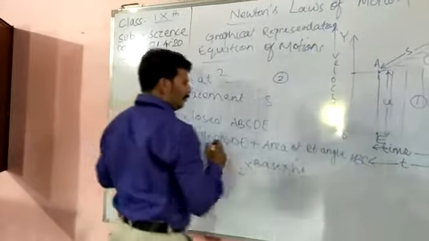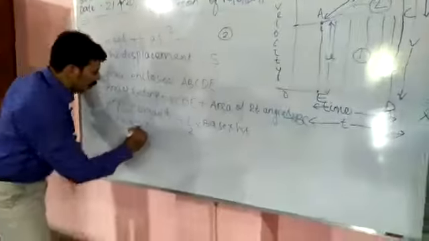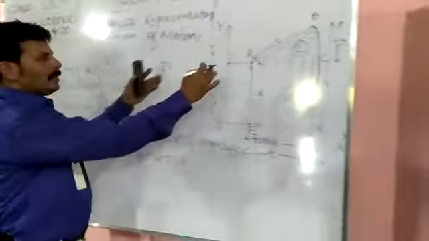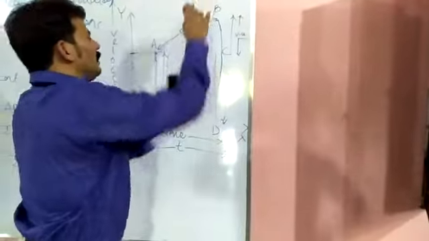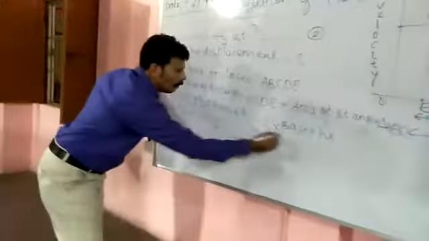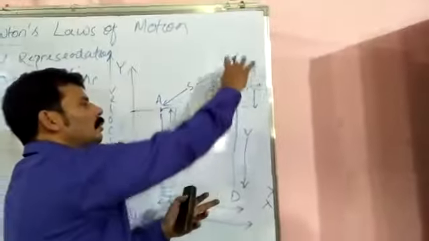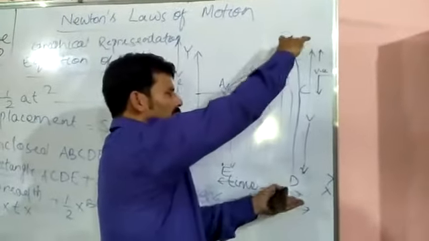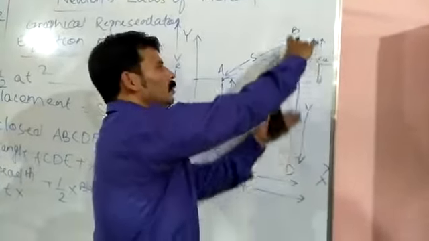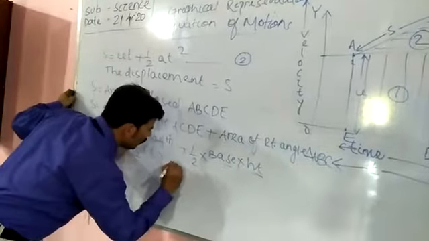This is half into base, where base is AC, and height is BC. We know AC is equal to time t. The height of the triangle is B to C. BC represents v minus u, because this distance is v and this is u, so this distance is v minus u.